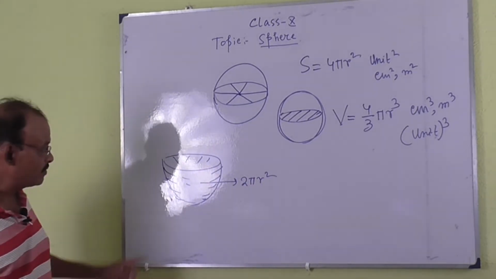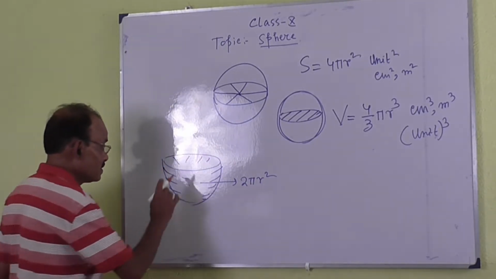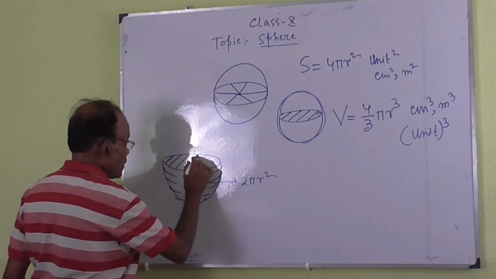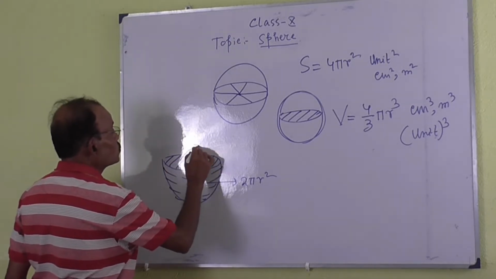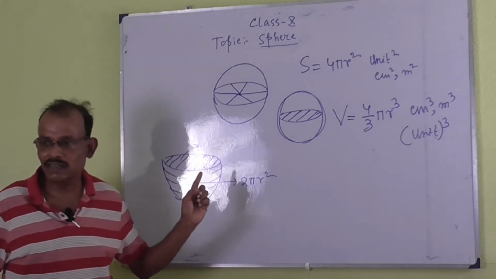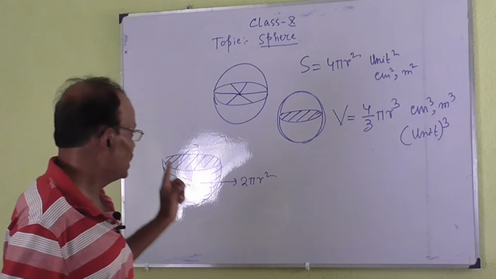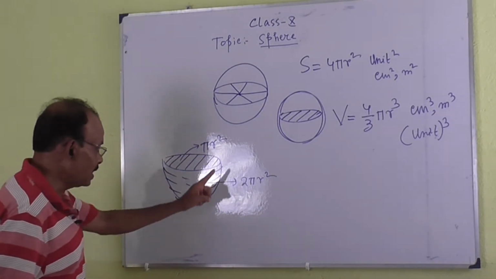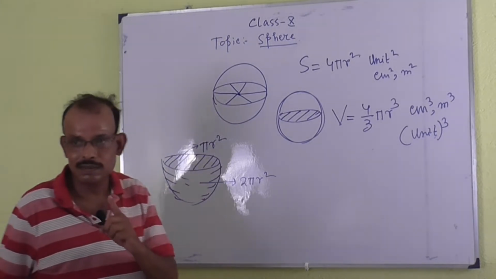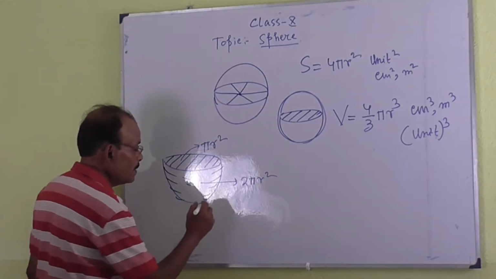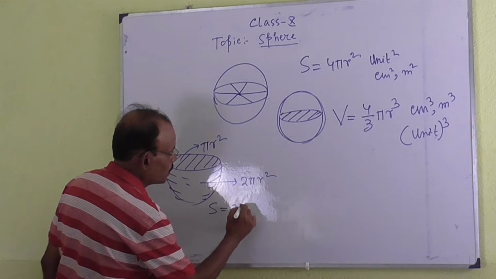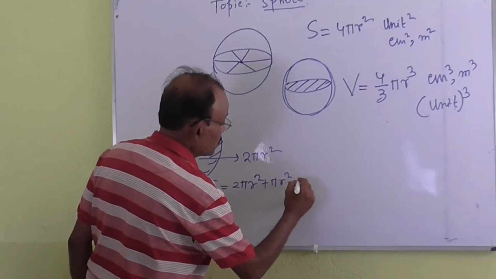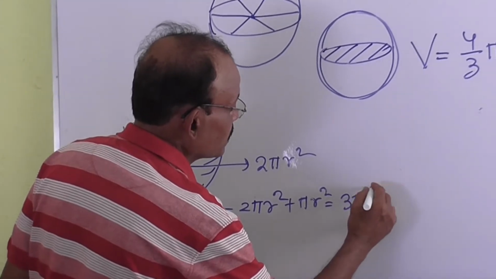But if we cover this section, so this is the form of a circle, okay, and its area is pi r square. So, the total surface area will be 2 pi r square plus pi r square, that will be 3 pi r square. Clear?